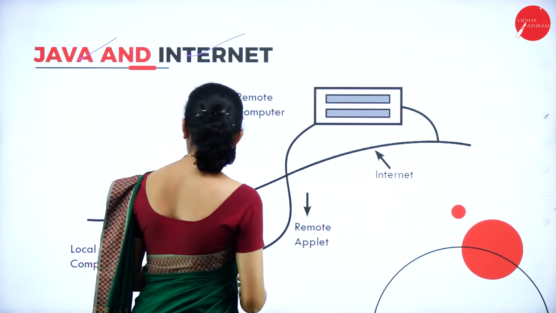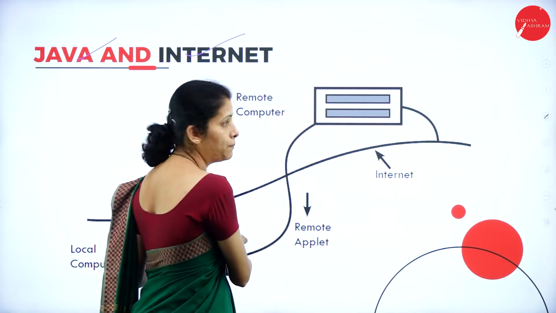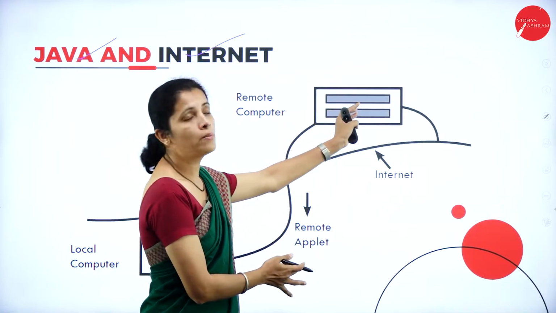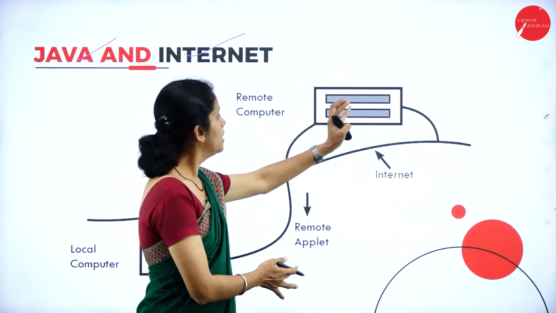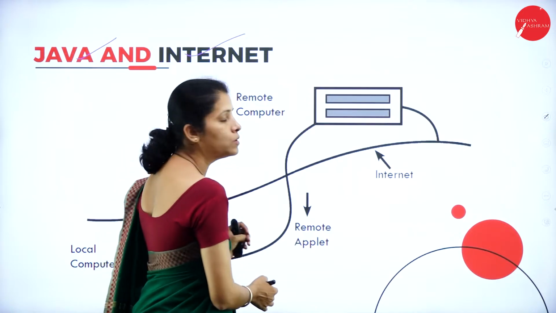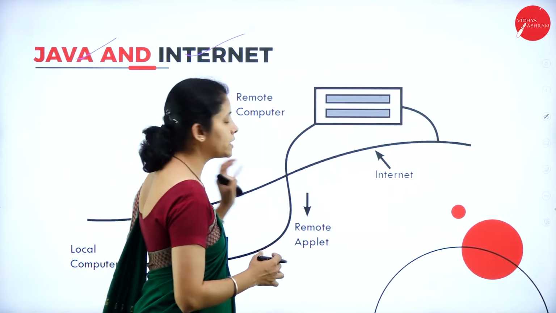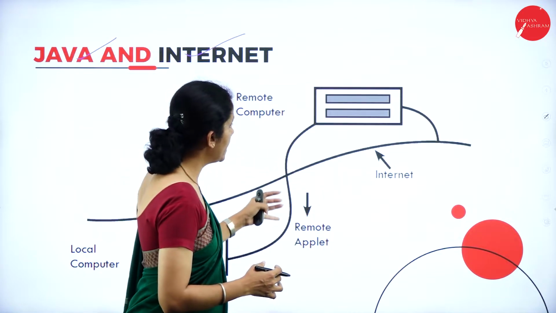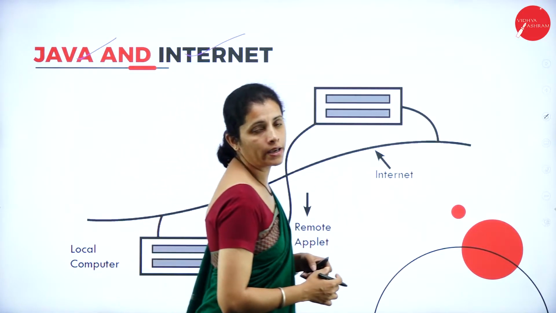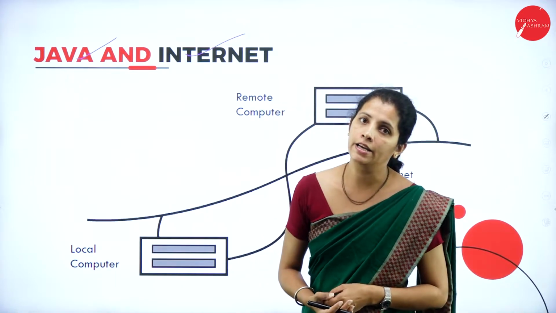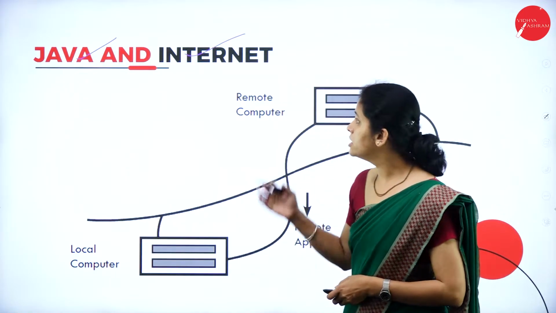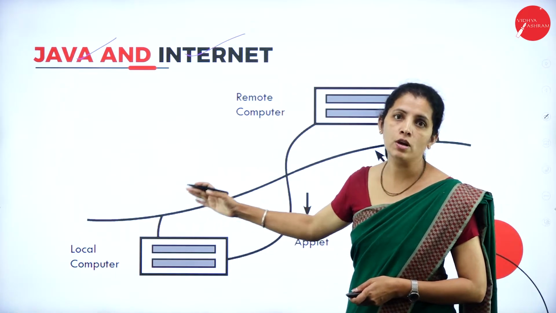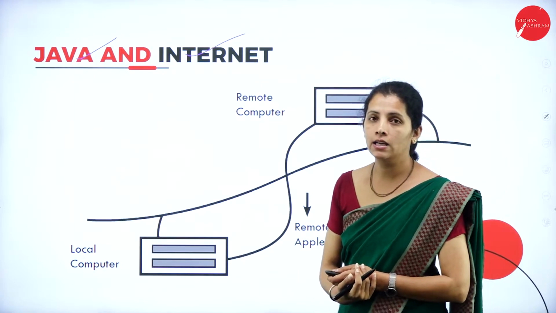So dear student, I have my local computer and I have my remote computer. Now suppose if I want to run any applet remotely, then I must require internet connection. So this is the relationship between Java program as well as internet.